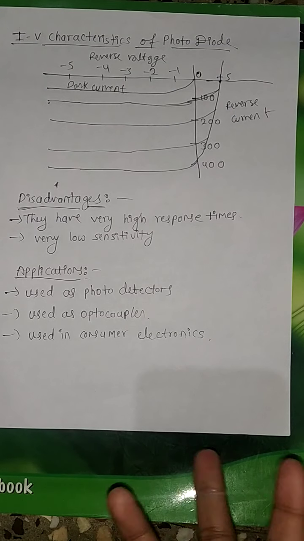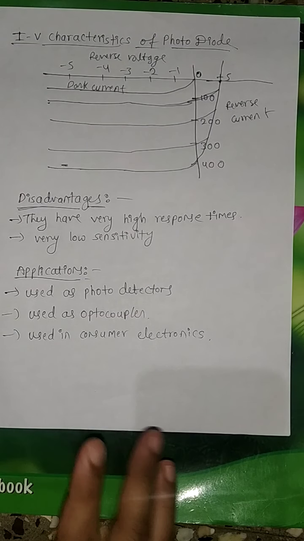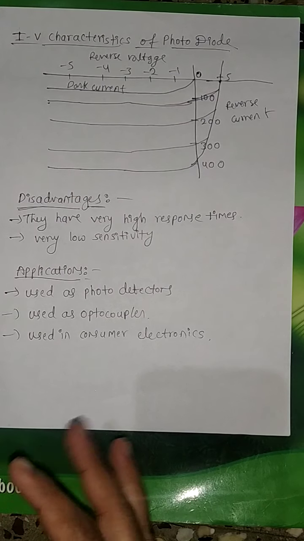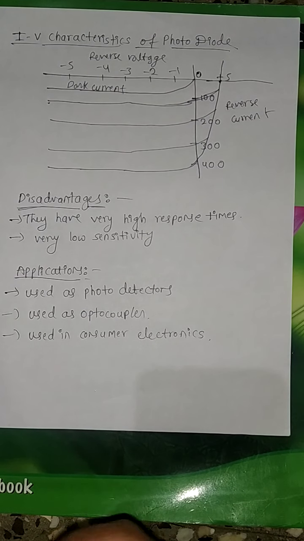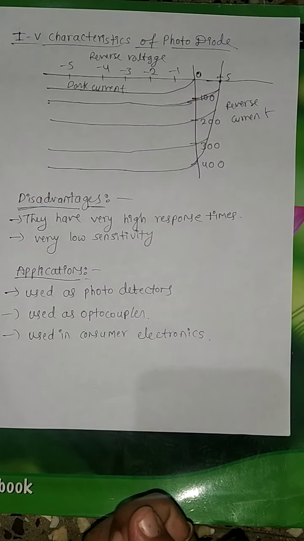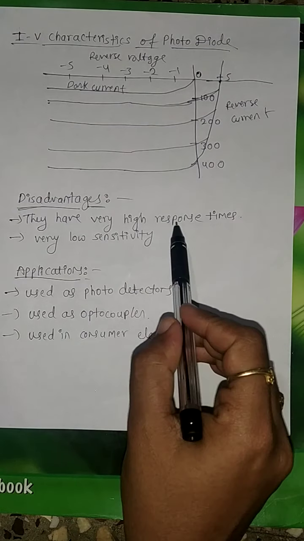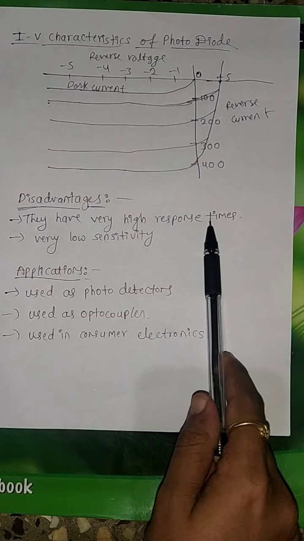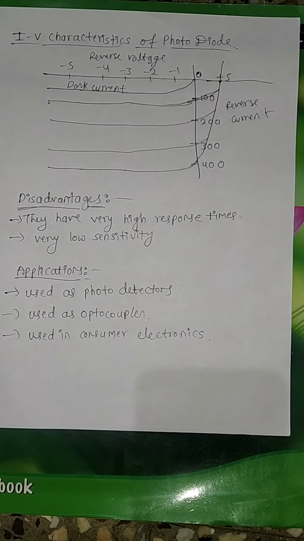Suppose your battery voltage is very high, and you connect it, then it will respond very strongly. So there is a chance of burning of that photodiode. The diode can burn. Okay, so that is the first disadvantage of the photodiode. If the response time were slower, then we could control that photodiode. But here there is no chance of controlling the photodiode.